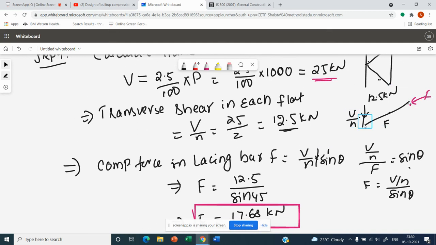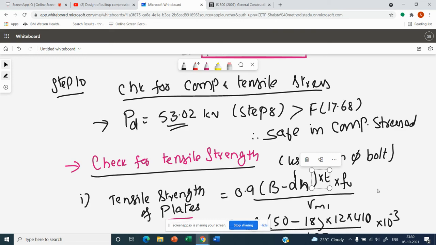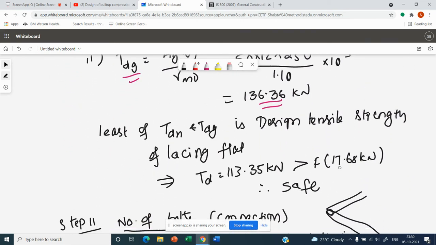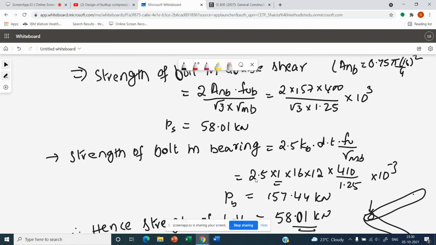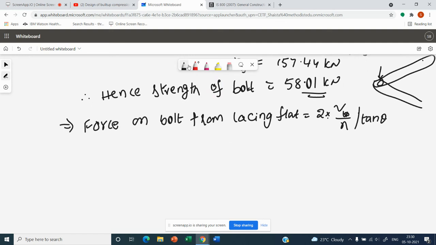Yes, you can see this is V by N. V by N by tan theta. That is from the simple geometry of the connections you will get it. In each panel we got it 13.5 kilonewton divided by tan 45. That is 1. Fine. So again we got this as 27 kilonewton is the force on bolt.